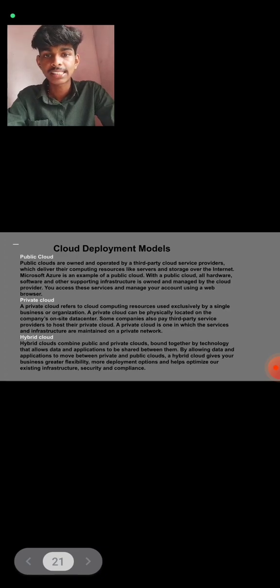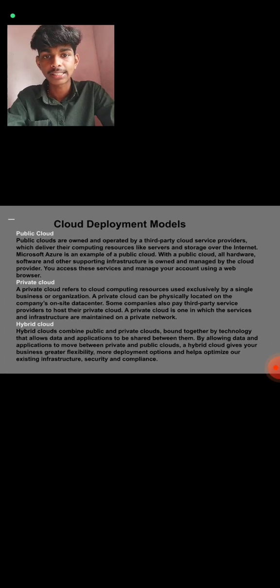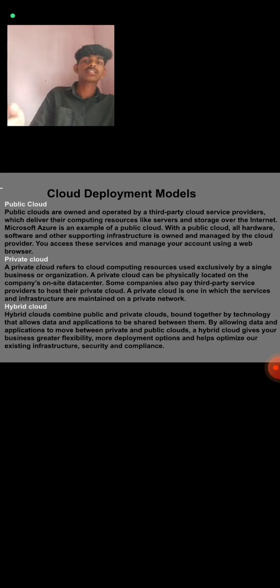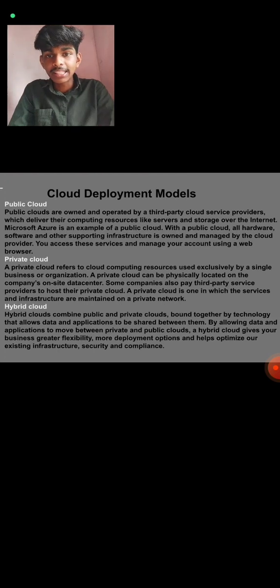Now we are discussing the cloud deployment models. Public cloud, private cloud, hybrid cloud, and there are other clouds like community cloud, but mainly the public cloud, private cloud, and the hybrid cloud. Public clouds are owned and operated by a third party cloud service provider, and they can be accessed by everyone.